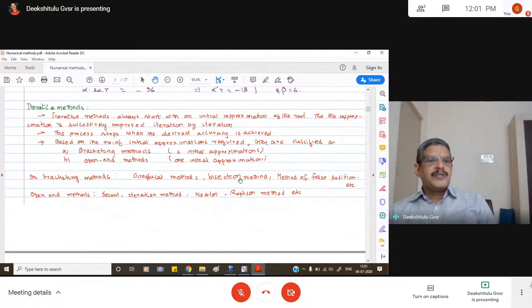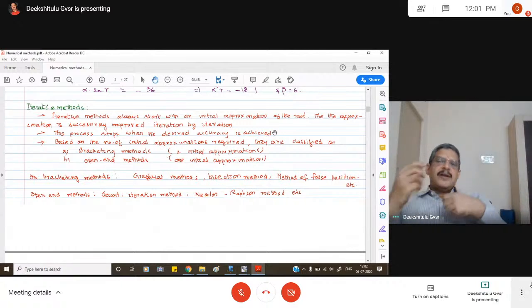The approximation is successively improved, iteration by iteration. First we start with the initial approximation, then we refine it and get the next value. Again we refine it, we get the next value. Like this, after a finite number of steps, we say that the final value we get is the root. Iteration means refinement of the value.